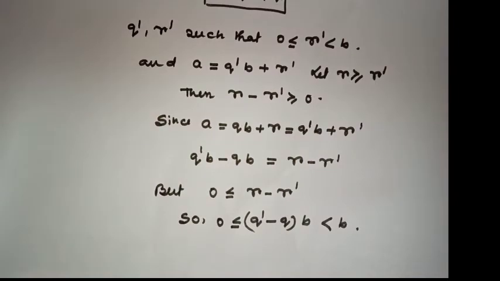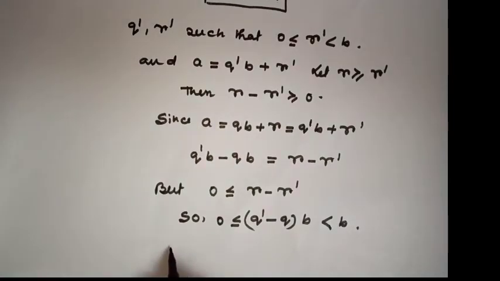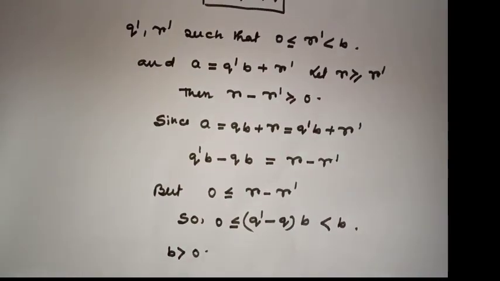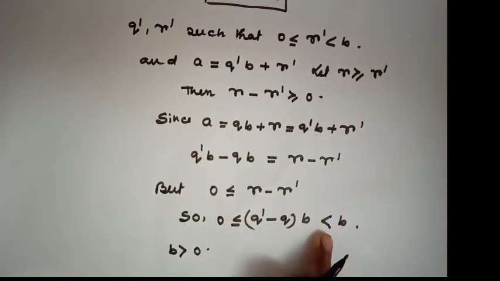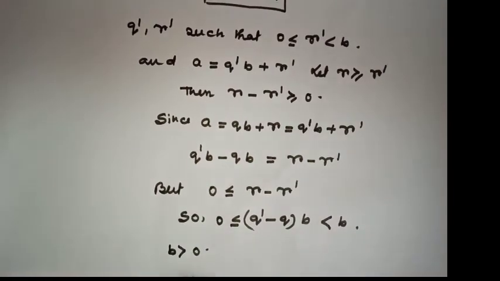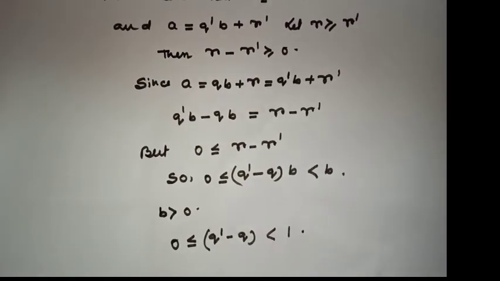Okay? And remember this statement: in the statement, b is always greater than 0. So I can divide by b. That means 0 is less than or equal to q dash minus q, which is strictly less than 1.